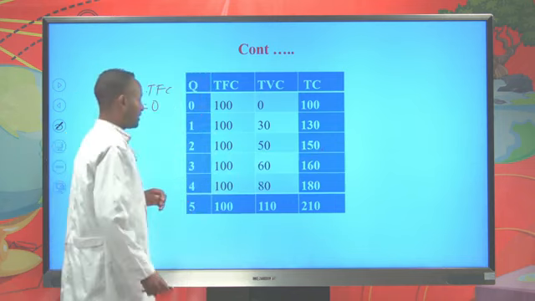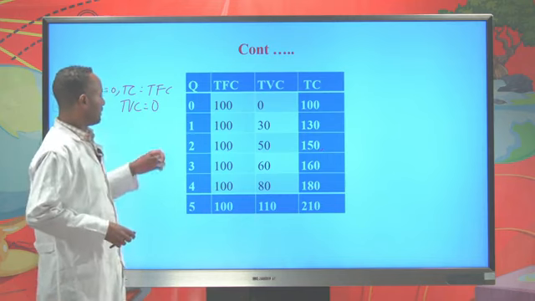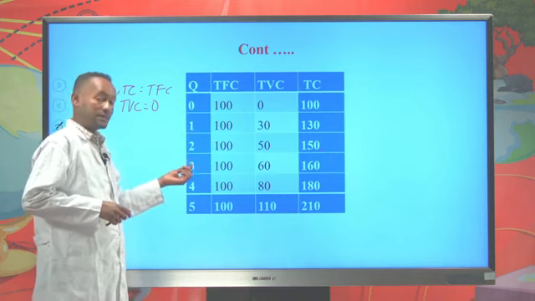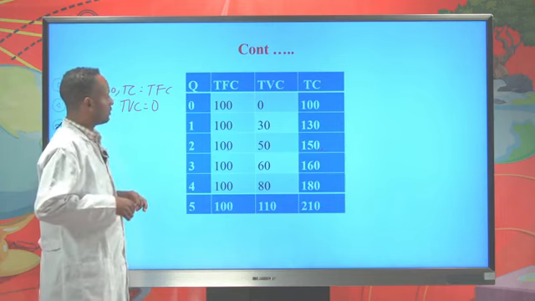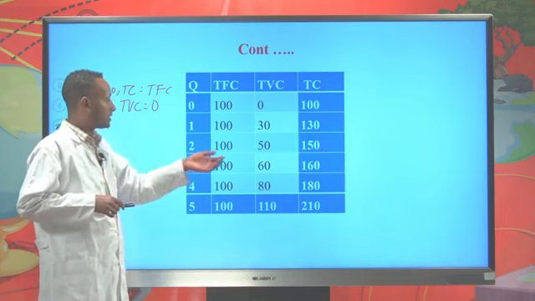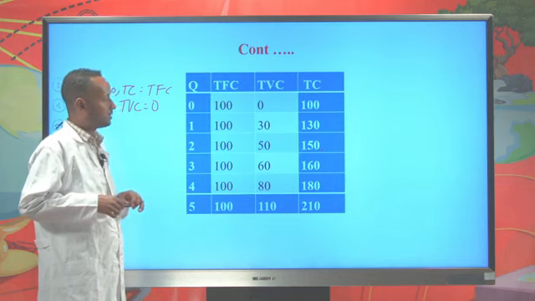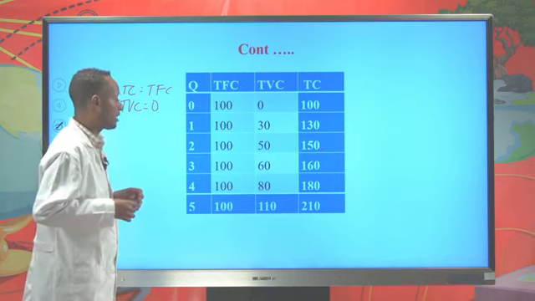And if the total fixed cost of producing 3 units of a commodity is 100 birr and the total variable cost is 60 birr, then the total cost of production will be 160 birr.